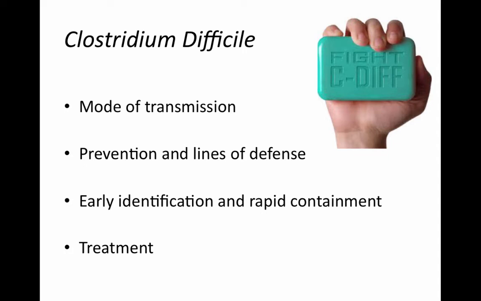And then if this becomes an issue and several people on the same unit in your skilled or long-term care facility have C. diff, this needs to be quickly identified and contained. This may include cohorting or, hopefully not, even a quarantine.